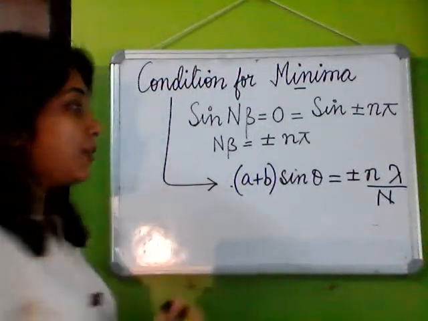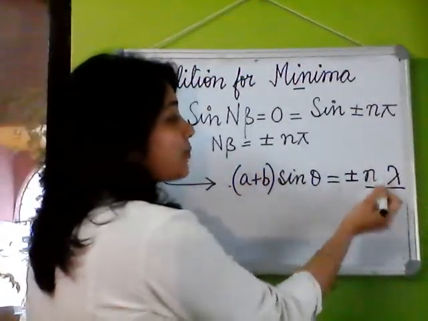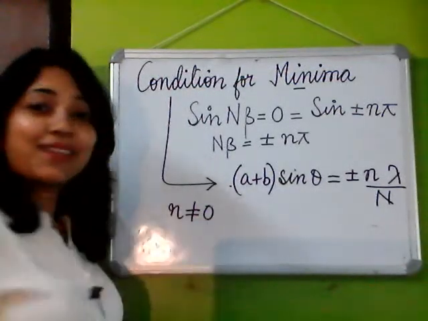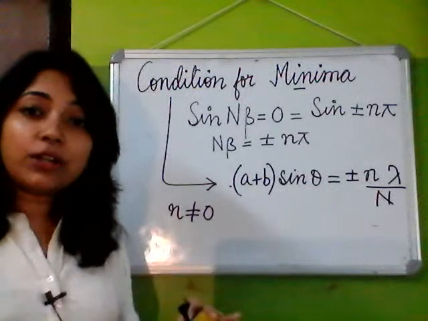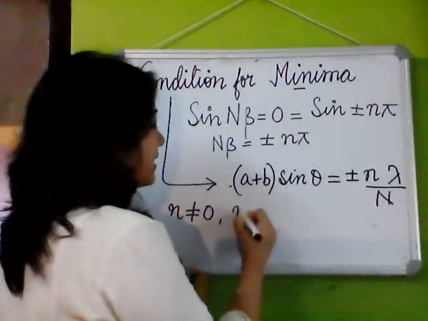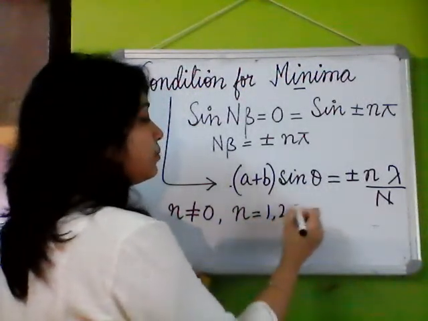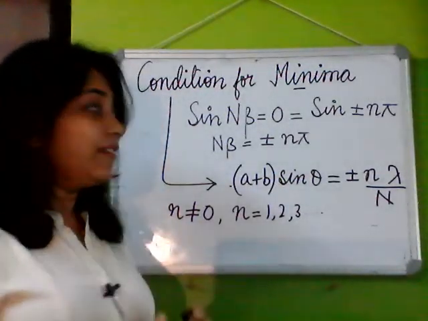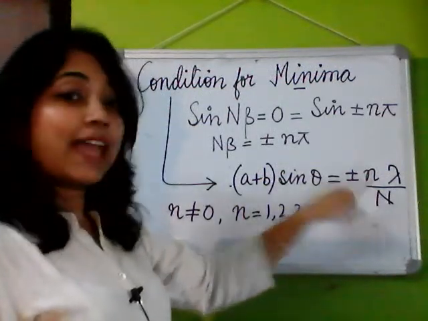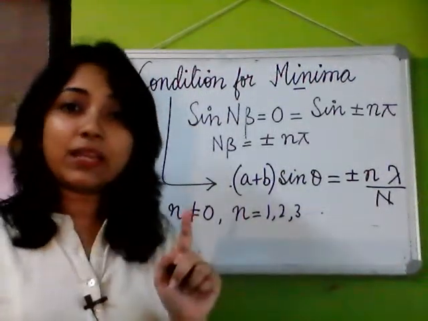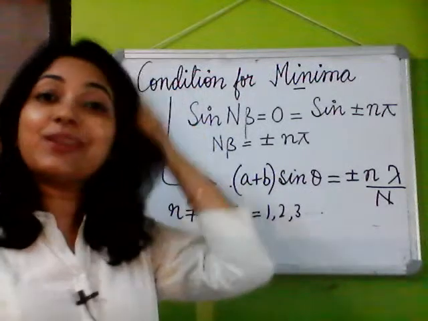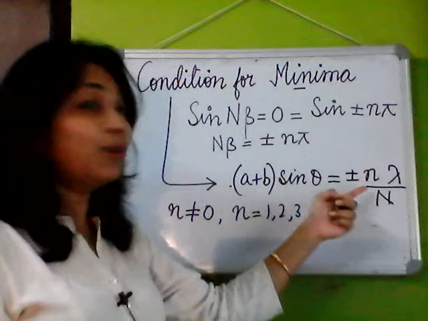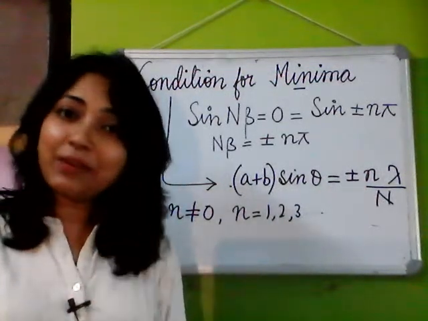So in this scenario, when I am going to define this small n, remember this n cannot be equal to 0, right? So n cannot be equal to 0. However, n can be anything from 1, 2, 3 and so on. Remember, this n will not be equal to 0 because n equal to 0 is the condition for my central maxima. A plus b sine theta equal to 0 is the condition for my central maxima.